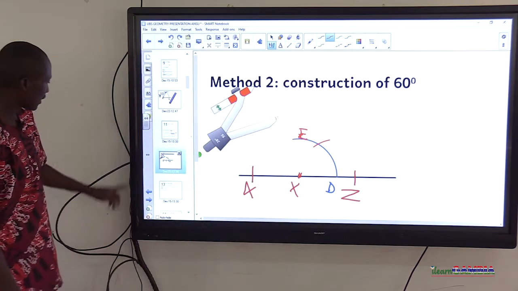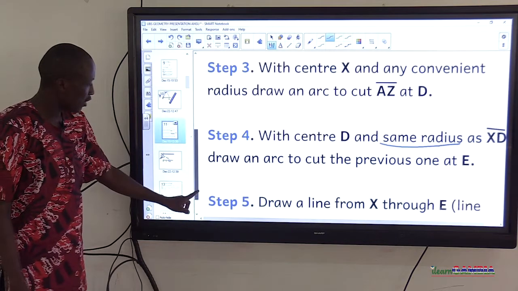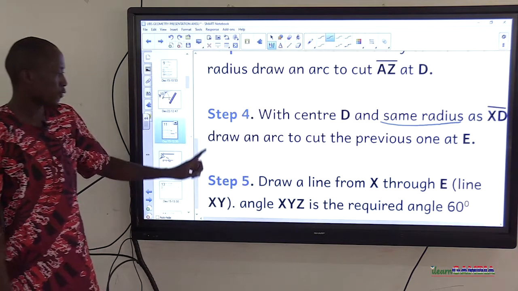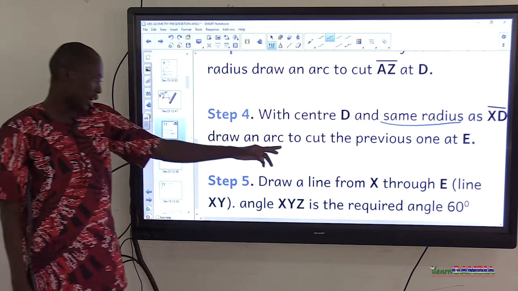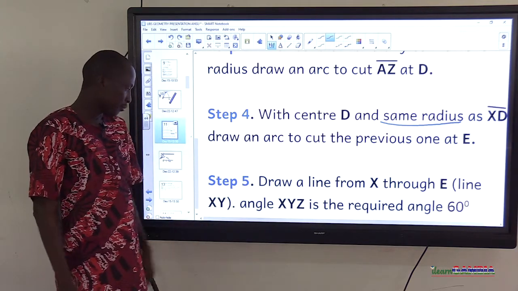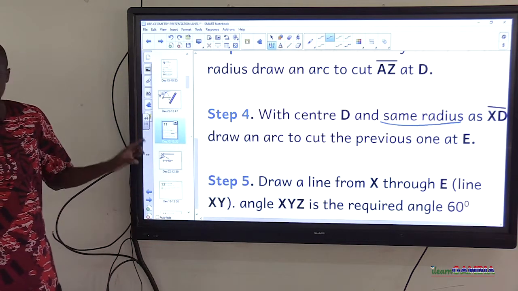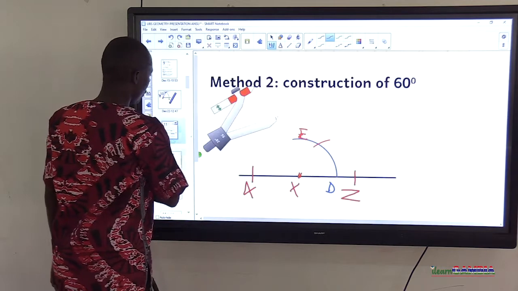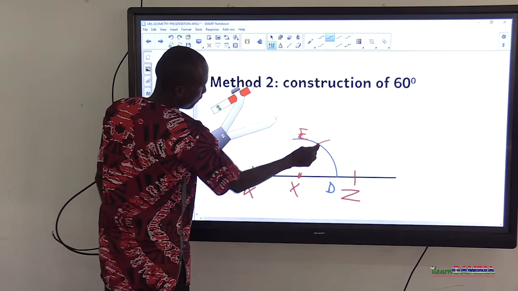And what is the next step? The next step is to draw a line from X through E, and that line is XY. So the angle XYZ is the required angle of 60 degrees that we are supposed to construct. That's point E here.